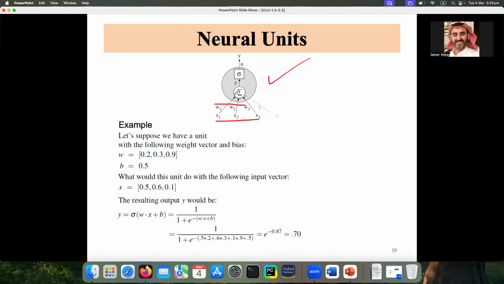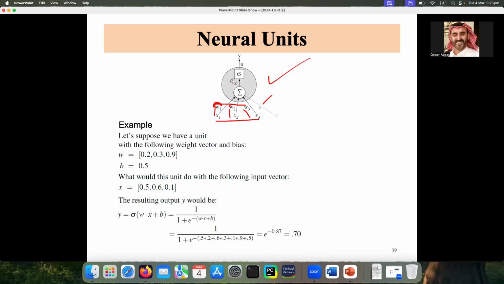Here you are summing them up, but before that you have to multiply, and then sum up all the products, the multiplication results that you get here. And then we add the bias into it.